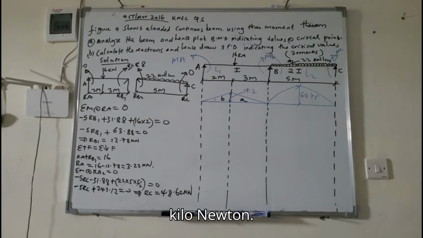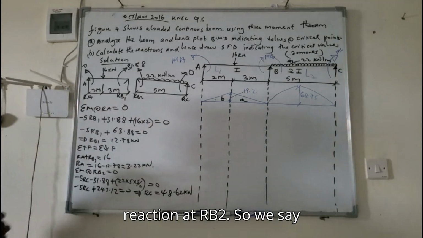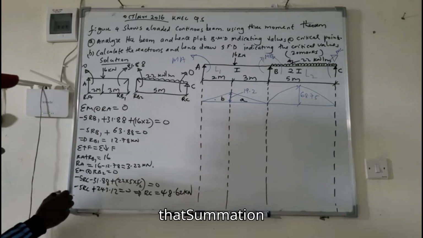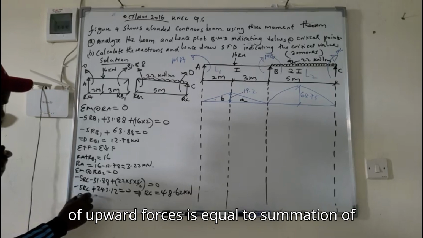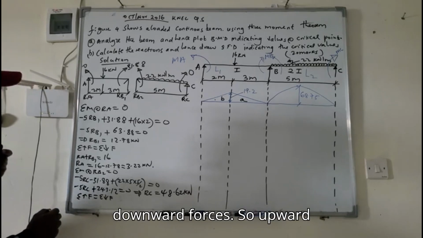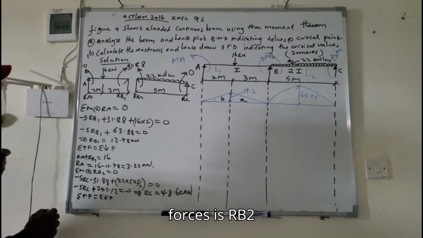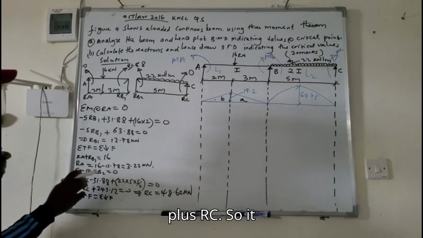kilonewton. So after doing so, again we'll have to calculate the reaction at RB2. So we say that summation of upward forces is equal to summation of downward forces. So upward forces is RB2 plus RC.